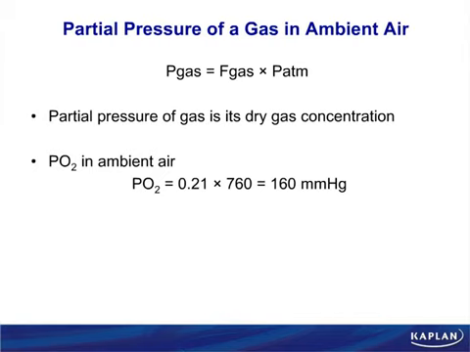So if we go down to the bottom, if I look at ambient dry air, PO2, partial pressure of oxygen, oxygen's about 21% of atmospheric air. So the PO2 of dry ambient air would be 0.21, 21%, times total pressure at sea level, that's 760. So the partial pressure of oxygen is 160 in dry ambient air.